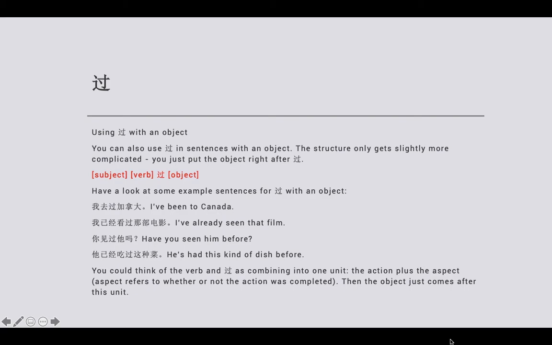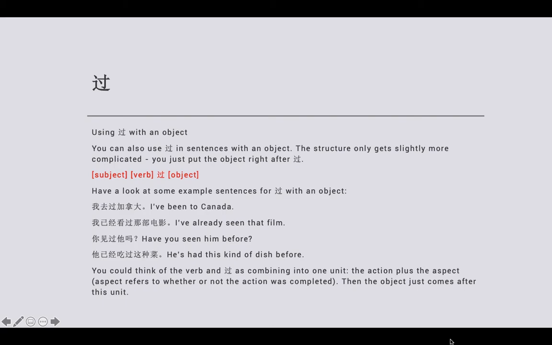For example, I have been to Canada. 我去过加拿大。Here 去 is the verb and 加拿大 is the object. So 去过加拿大. You put the verb before 过 and put the object after 过. I have been to Canada. 我去过加拿大.